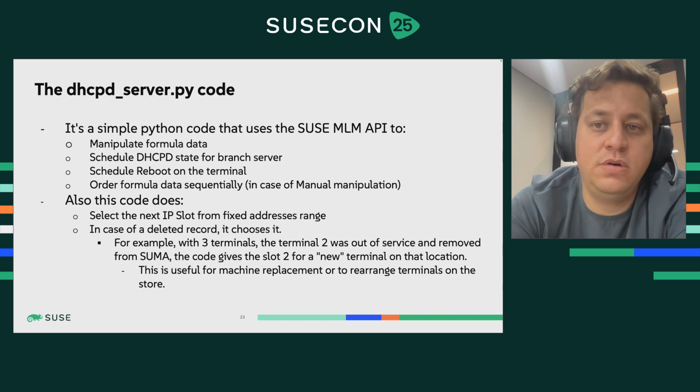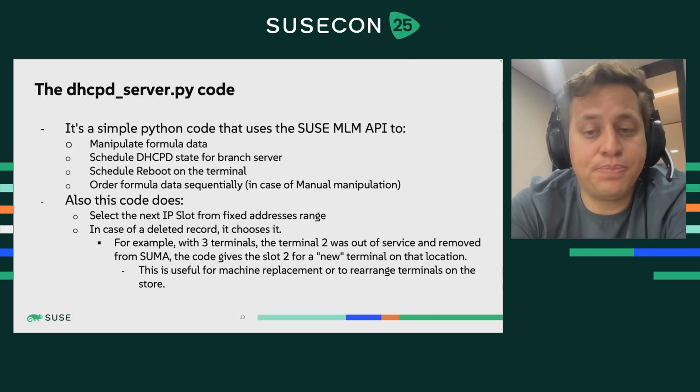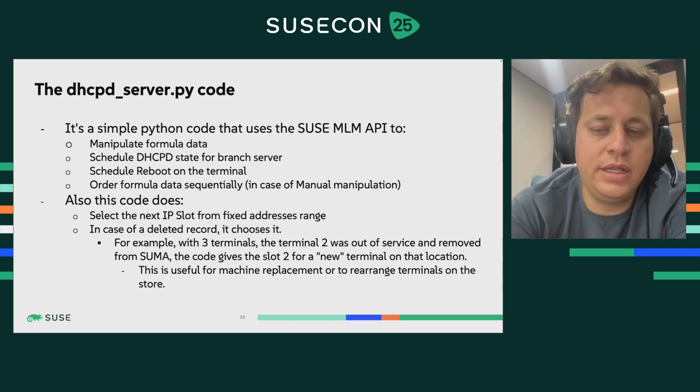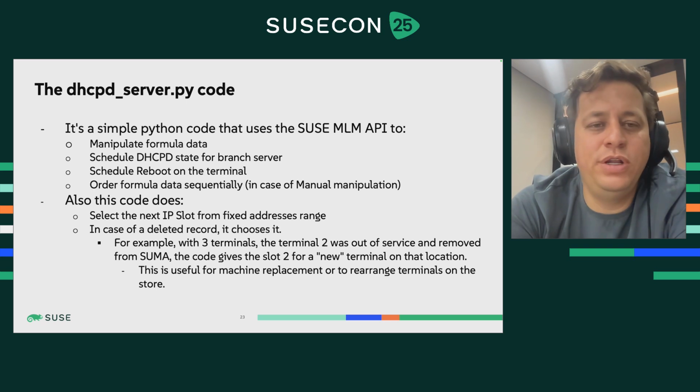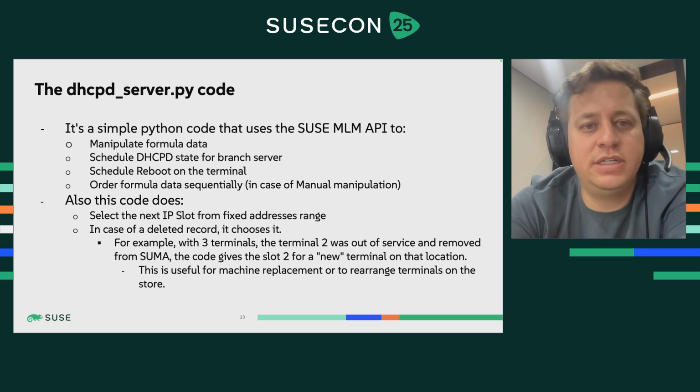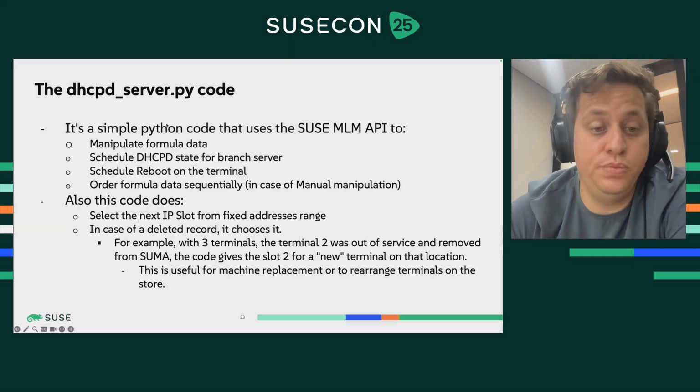So this is the way that they do. Actually, they remove the terminal 2, and then later they remove the terminal 4 and do a new boot on the terminal 4, and the next time the terminal 4 will be the terminal 2.